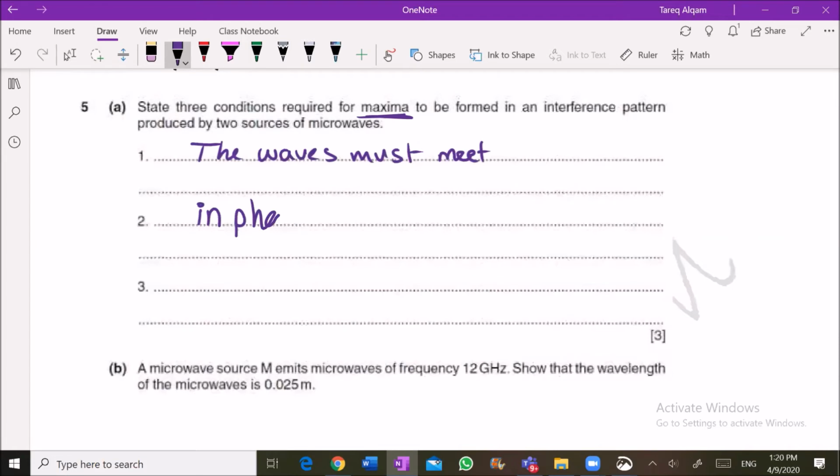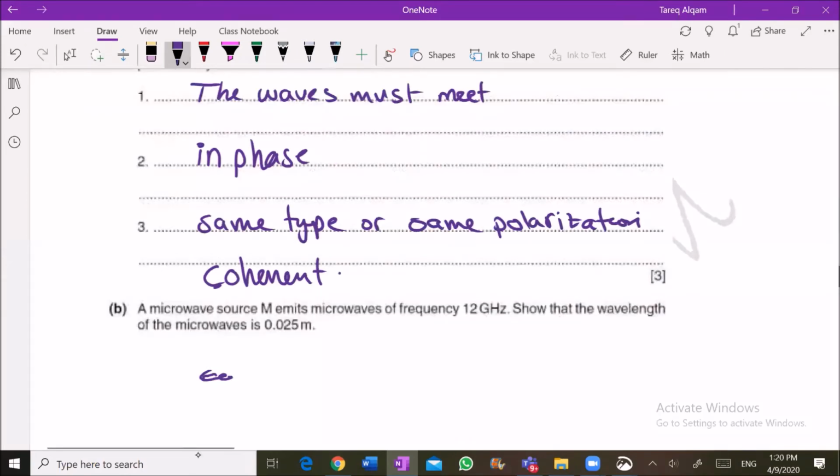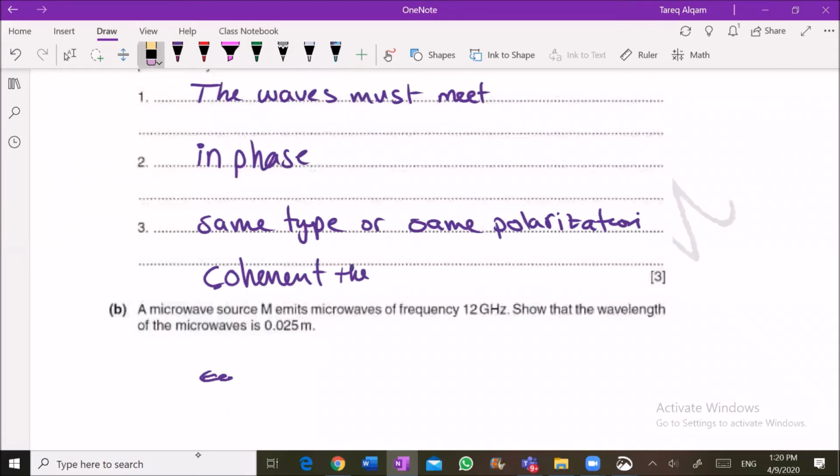They should have the same type or same polarization. Well, they should be coherent, صح؟ Okay. The source must be coherent. Any question about that?